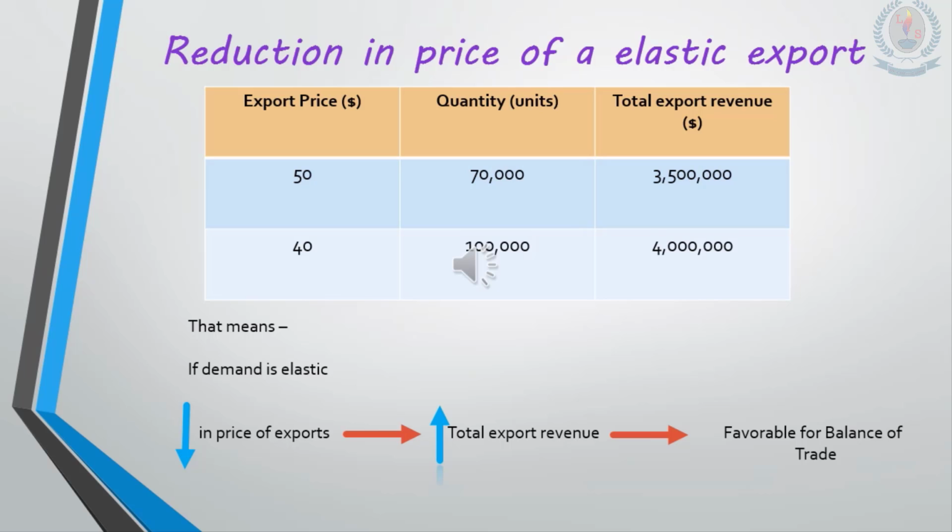When the price is 50, the quantity was only 70,000. Since the price has come down to 40, quantity demanded has increased to 100,000. So, the export revenue has also increased. When the export price is reduced, it deteriorates the terms of trade. But in terms of revenue, the revenue has increased. So, an increase in the export revenue is favorable to the balance of trade.